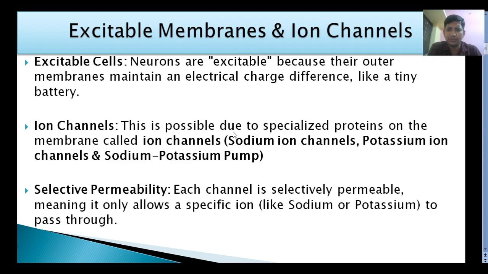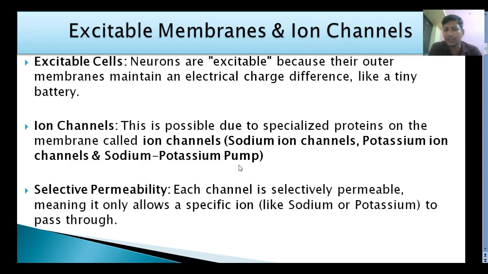At the same time, you should remember neurons have different types of ion channels. For example, sodium ion channels allow the flow of sodium ions, and potassium ion channels allow the potassium ions. The sodium potassium pump is a specialized ion channel which helps in pumping, or you can say the transfer, of both sodium ions as well as potassium ions.